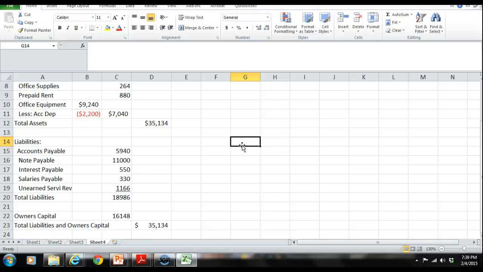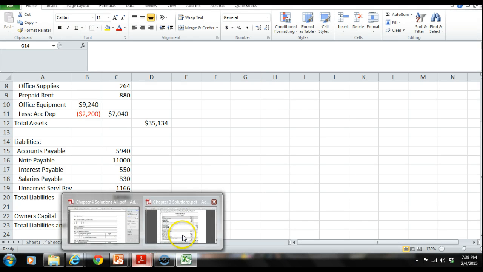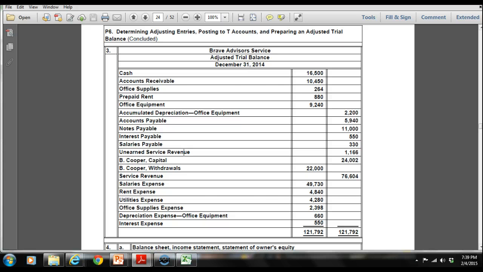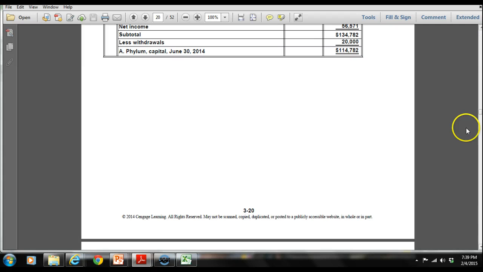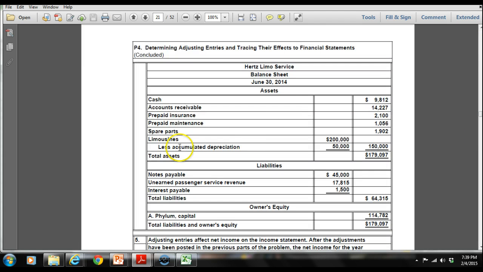I was just wondering why you did it on the left and the B column. Because, really, you can do it however you want, but if you look at other statements, here's one. Do you see how they do it? They put it over here, and then they show limousines less accumulated depreciation to put the real balance here.